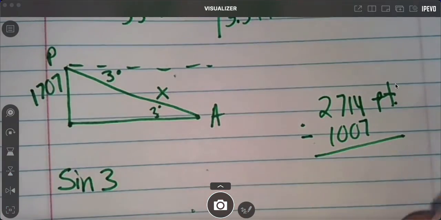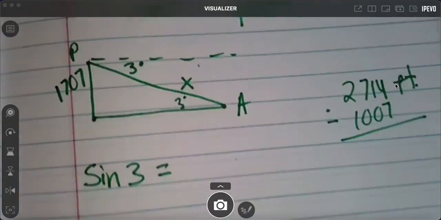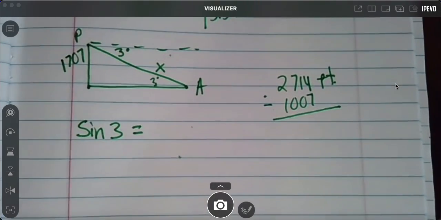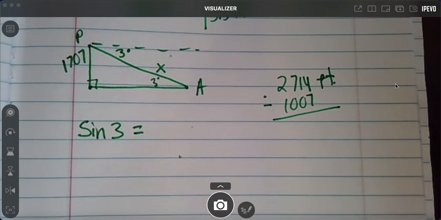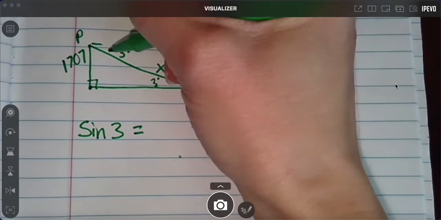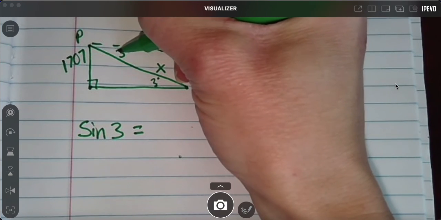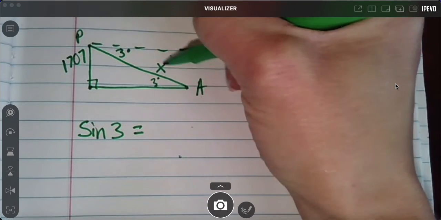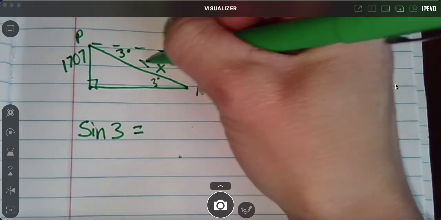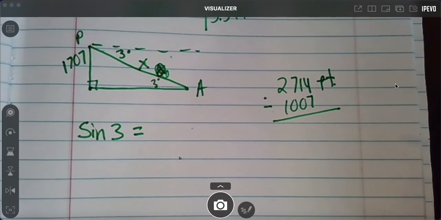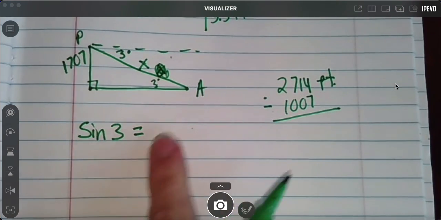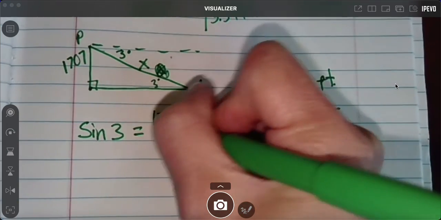The sine of 3 equals, I'm going to zoom out a little bit. What would your hypotenuse be? This is my 90 degree angle, so it's X. If this angle was 3, then this angle was 3. I could have written X right here. Is that better? Writing it more in the middle? Okay, there you go. So it's the sine of 3 equals opposite over hypotenuse.